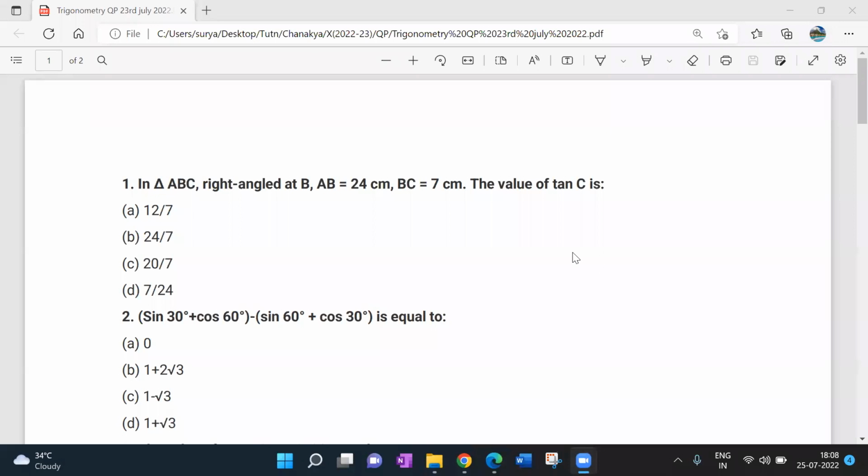Look at this. In triangle ABC, right angled at B, AB is equal to 24 centimeter. Right angle at B. This is A, B, C. This is 24.